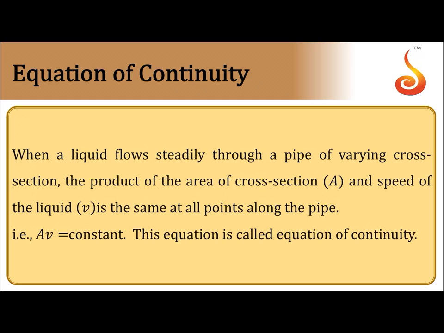When you consider a streamline flow of an ideal liquid through a pipe of varying cross section, then the product of area of cross section and velocity at all the points along the pipe remains constant. That is, product of A and V is equal to constant. This is called equation of continuity. It is nothing but restatement of law of conservation of mass.